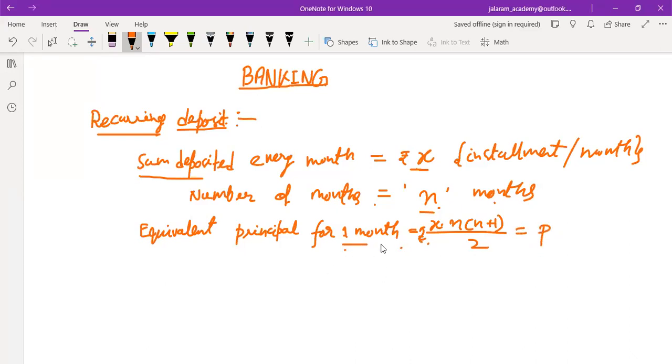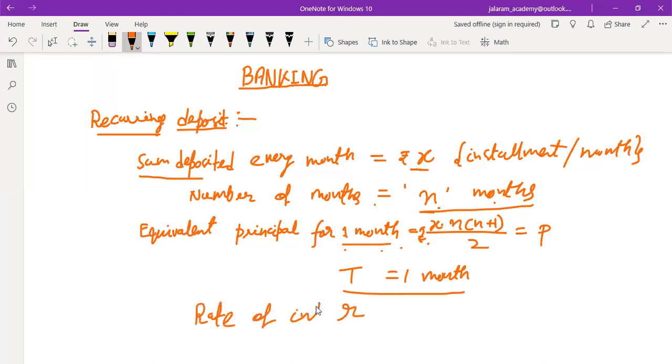But time is, we already have written, though the total time is n months, in this we have assumed that time is 1 month. And rate of interest must be given in the question. Rate of interest is given R%.